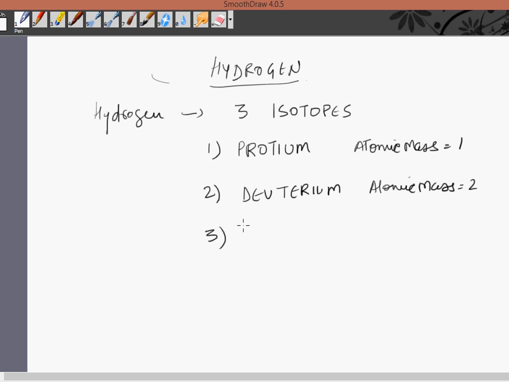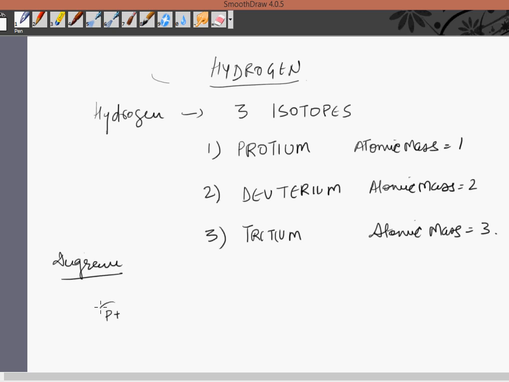Third is tritium with atomic mass 3. So let me give you a diagrammatic view to make it more clear.